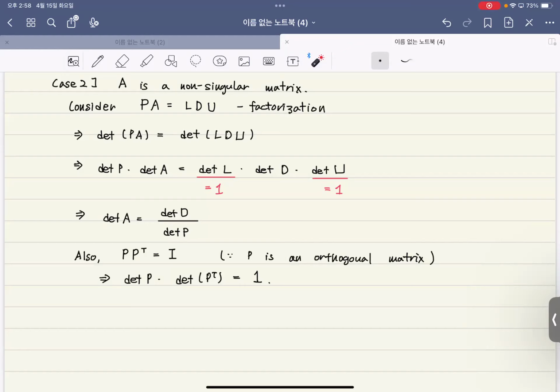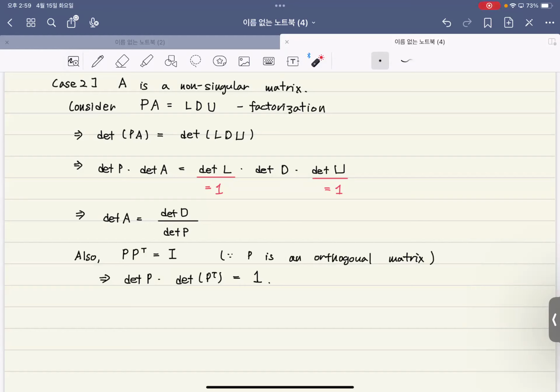Why? Because the rows of the permutation matrix P came from the identity matrix, but the order has been changed. The determinant of the identity matrix is 1, but once you swap the order of two rows, it changes sign. So suppose that you obtain your matrix P by swapping 5 times from the identity matrix.